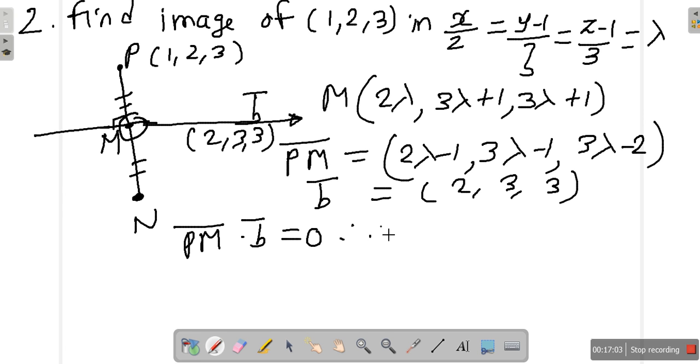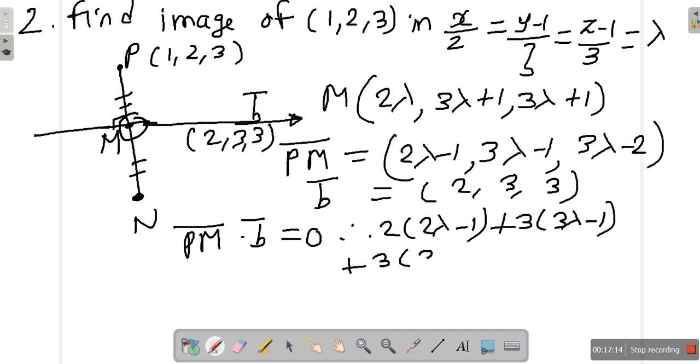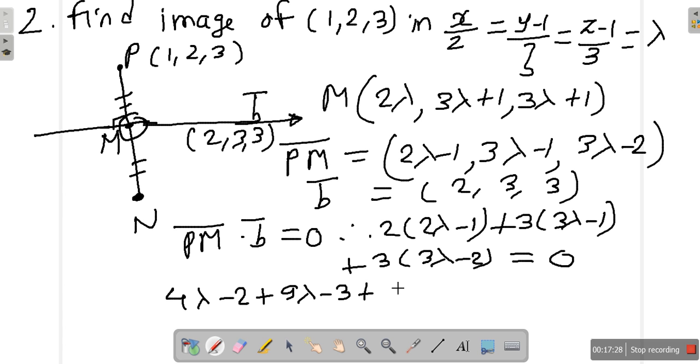So 2 times... let's see what we get. We get 22 lambda equal to 11.